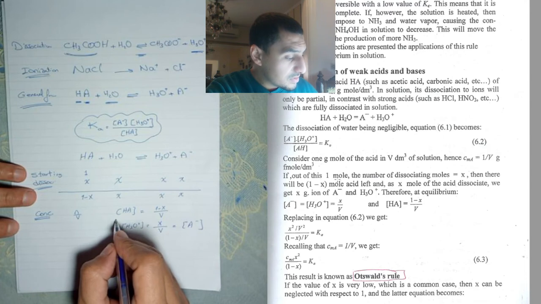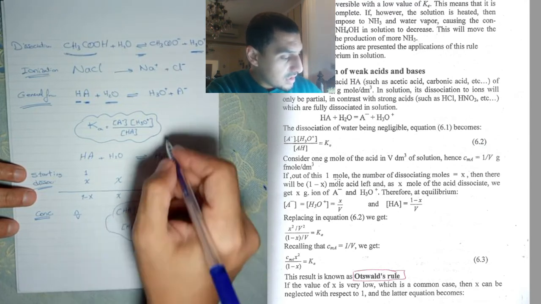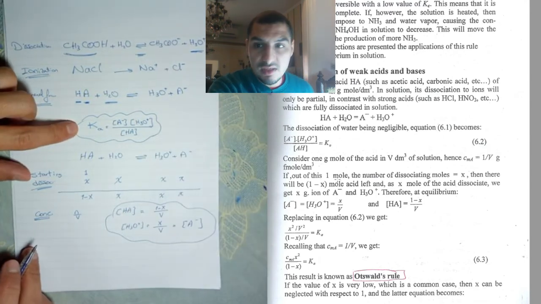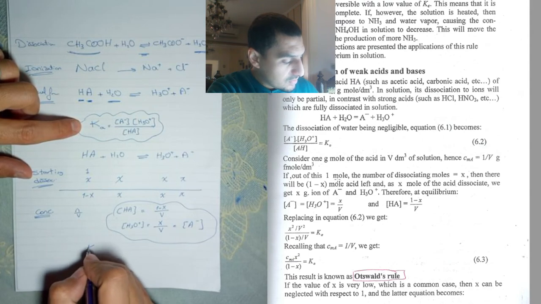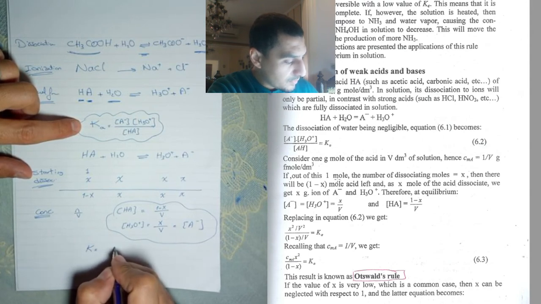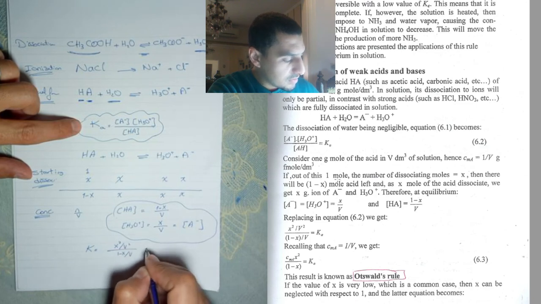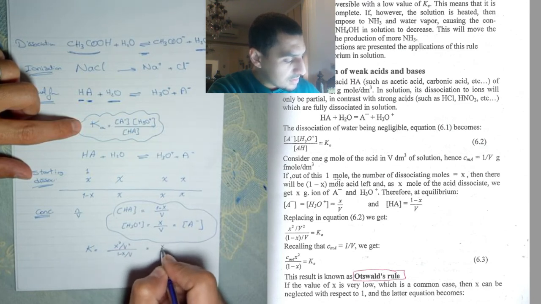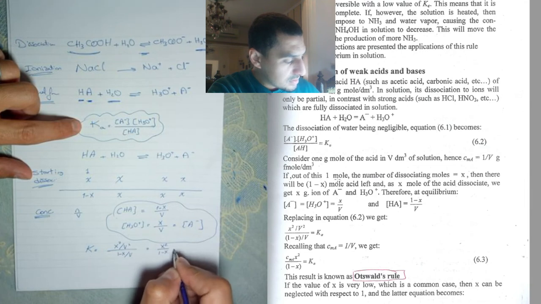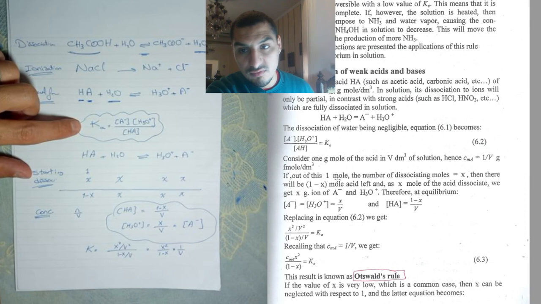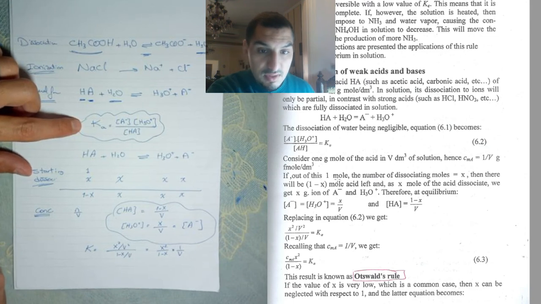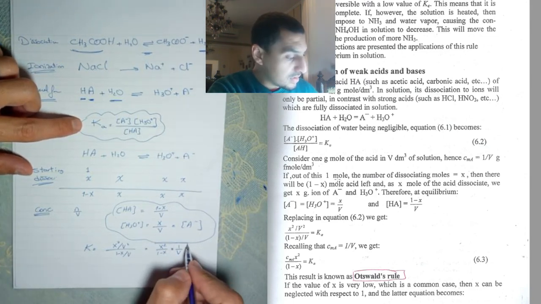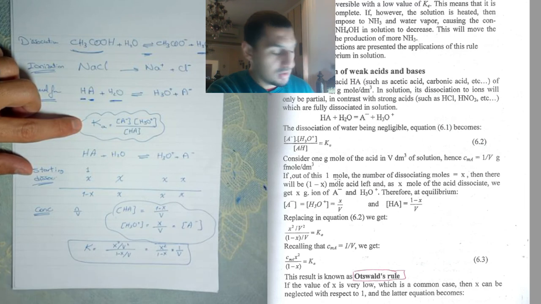If we substitute with these values in the K equation, then K would take the shape of X squared divided by V squared, divided by 1 minus X divided by V, which is going to be X squared divided by 1 minus X, multiplied by 1 over V. This is the shape that we are going to end up with for the K.